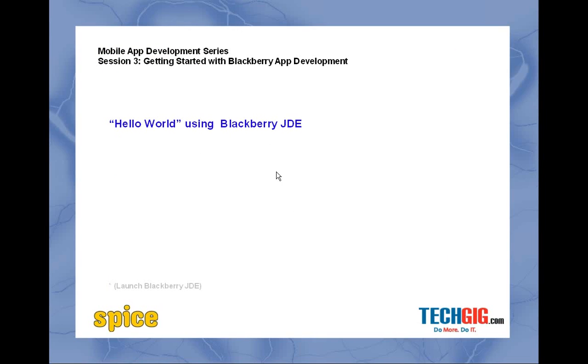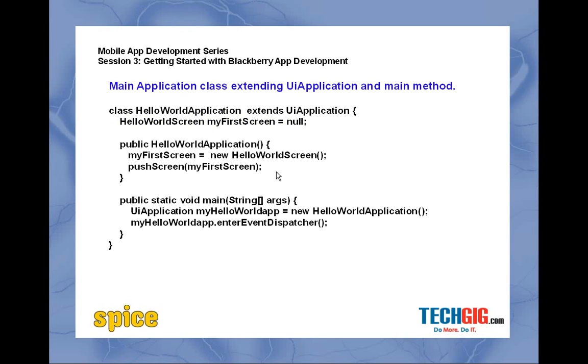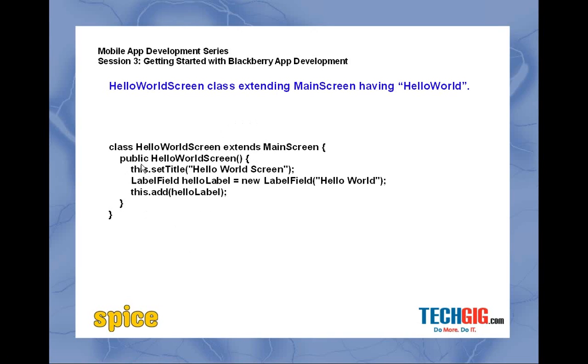Just give me 1 minute. So basically, I'm just trying to recap what we did in JDE. We created one application class, Hello World application, which extends UI application. We created one screen variable here. There's a constructor, and there's an entry point. This is the same thing which was written there. And there's a screen class, Hello World screen. There's a title, Hello World screen. There's a label field, Hello World.